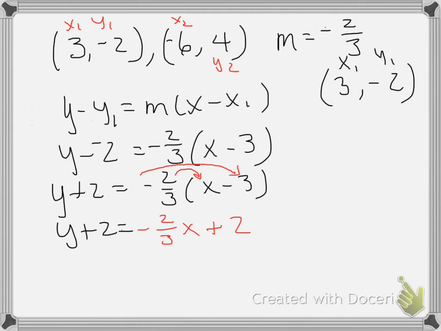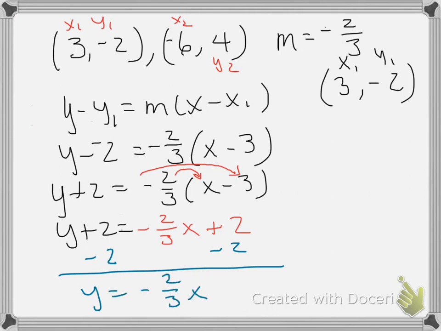Now, all I have to do is subtract 2 from both sides because I'm trying to get it in slope-intercept form. In this case, I have y equals a negative 2/3 x, and this ends up being 0, so the problem ends up being like that anyway. Alright, so now I want to put this in standard form.